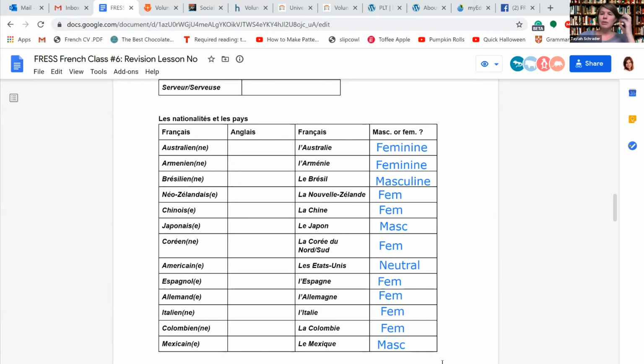It's a bit of a memory game, really, because sometimes there's no rhyme or reason. English has a lot of interesting rules as well that don't always make sense to people learning it. So each language has its ups and downs and its interesting bits and complex bits as well. But that's what makes it fun.